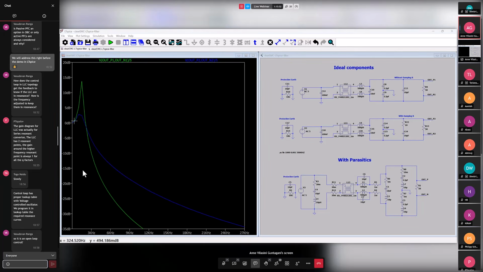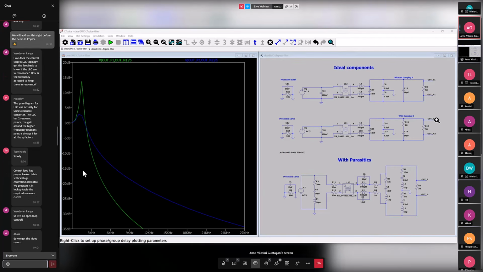What you can notice here is that the green curve is attenuated to around 12 dB at the corner frequency, which means that you are basically amplifying the noise that you want to filter, which is undesirable. When you have a damping resistor, the peak drops to about 9 dB, and this is damping the amplification that you get without this damping resistor.